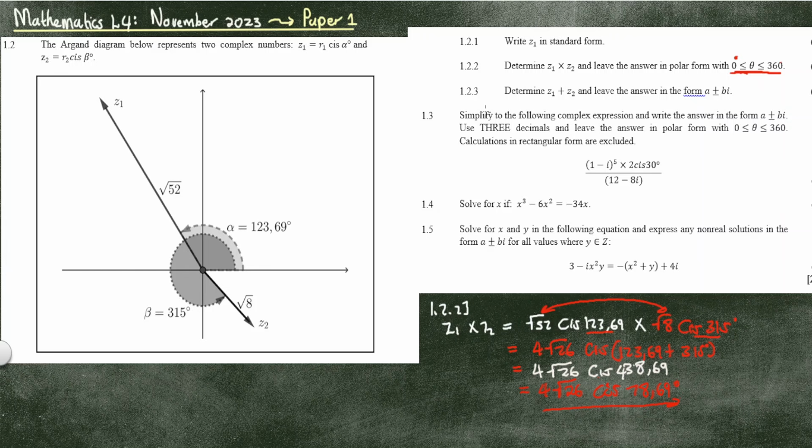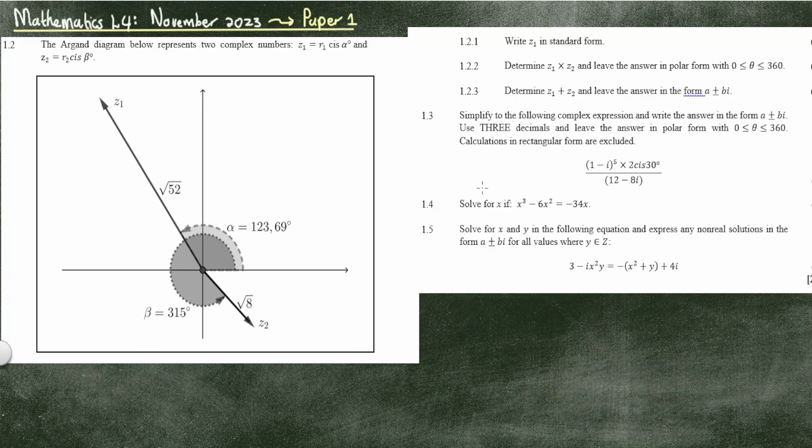Now in 1.2.3 they want us to add the two complex numbers. From the Argand diagram, we're doing operations with the given complex numbers.